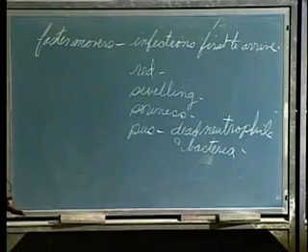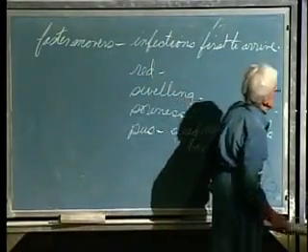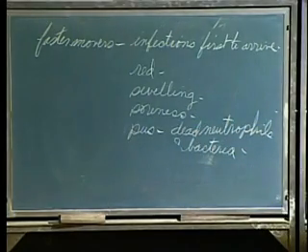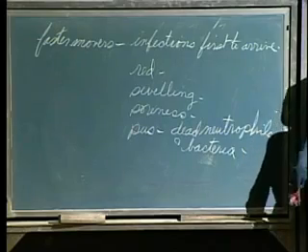Now the next kind of polymorph granular leukocyte is the acidophil, which loves its acid dyes. Acidophil.